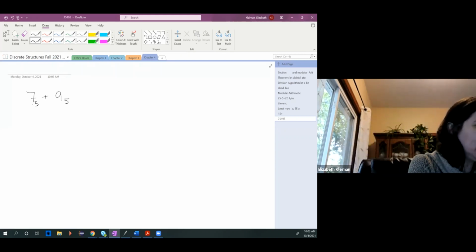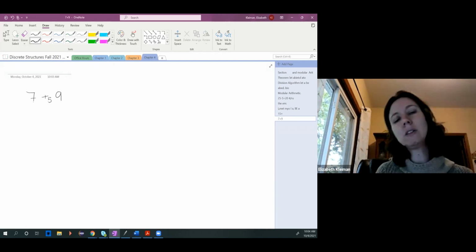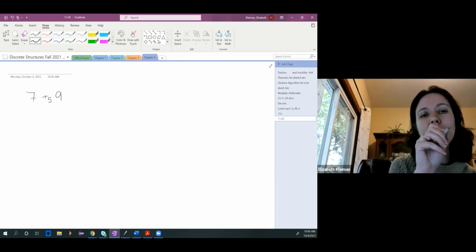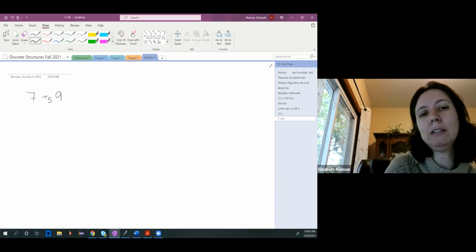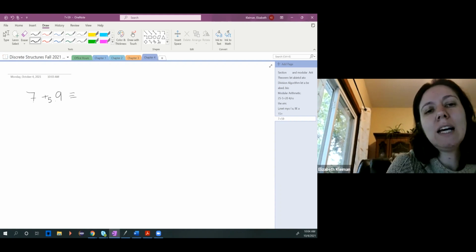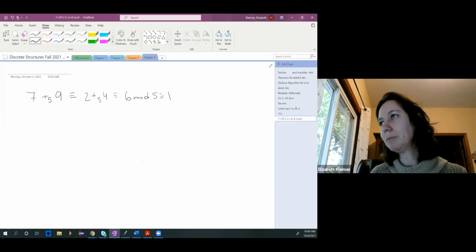So I do 7 plus 9 mod 5. 7 mod 5 is 2, 9 mod 5 is 4, so 6 mod 5 is 1.